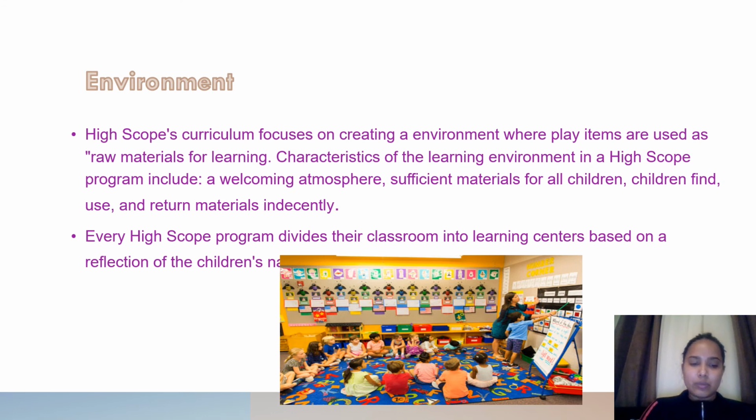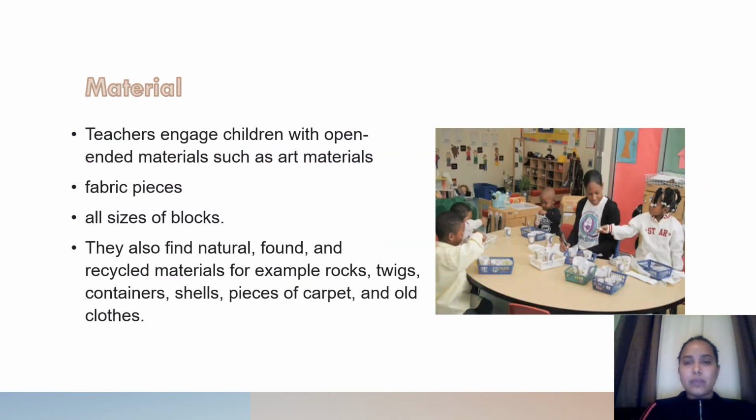In this approach, routine is a large element of High Scope classrooms, like morning routine, lunch, arrival, departure, transition, etc. And every High Scope program divides their classroom into learning centers based on the reflection of children's nature, and they provide age-appropriate material for all the children as in other approaches.